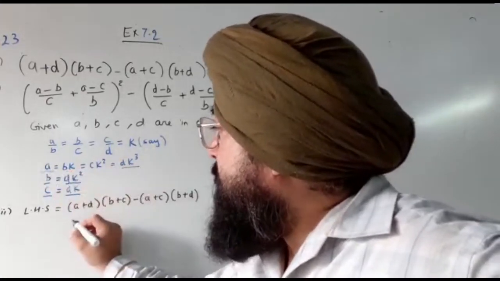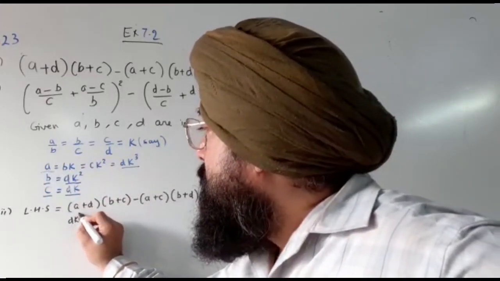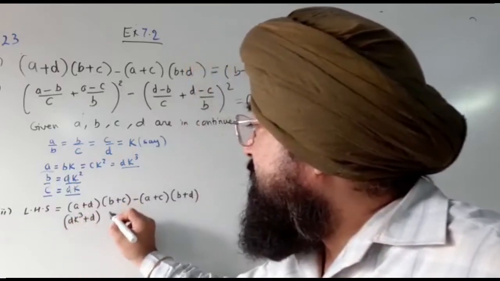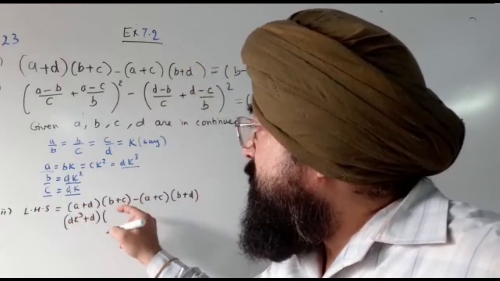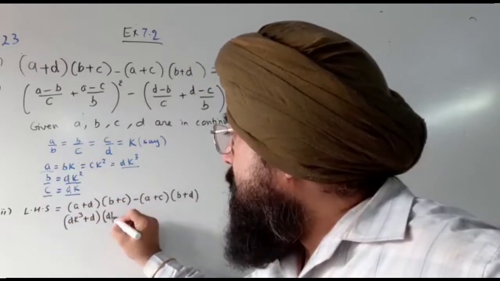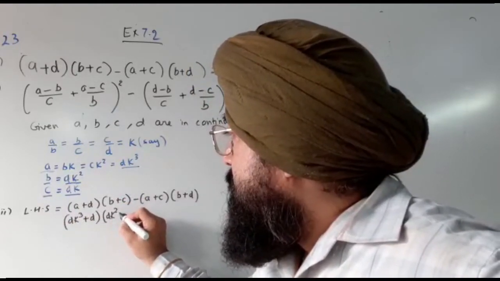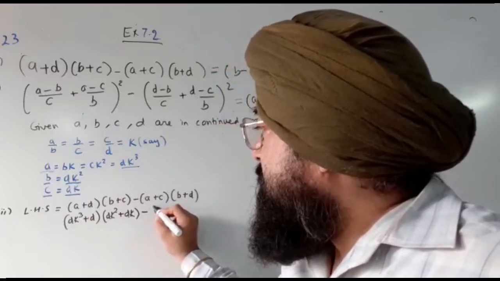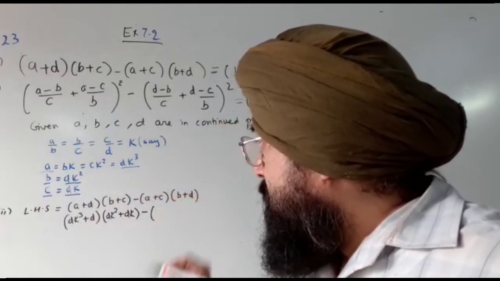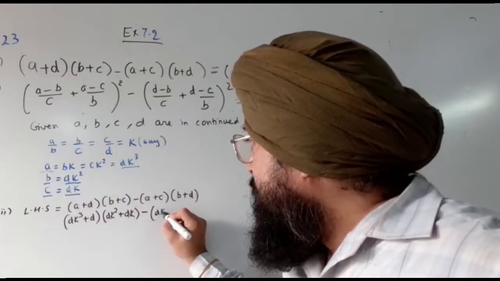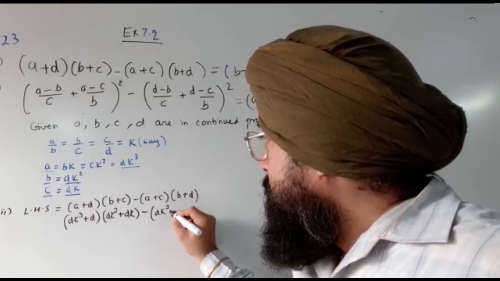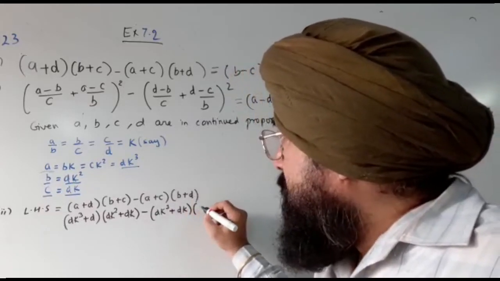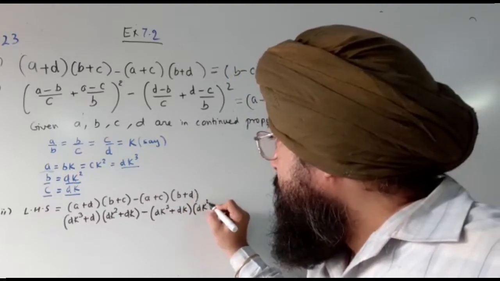So in place of A, I am putting DK cube, so DK cube plus D. Likewise, this is multiplied with B plus C. So B is DK square plus DK. Likewise, minus A plus C. A plus C is what? A is DK cube plus C, which is DK. And likewise B plus D is DK square plus D.